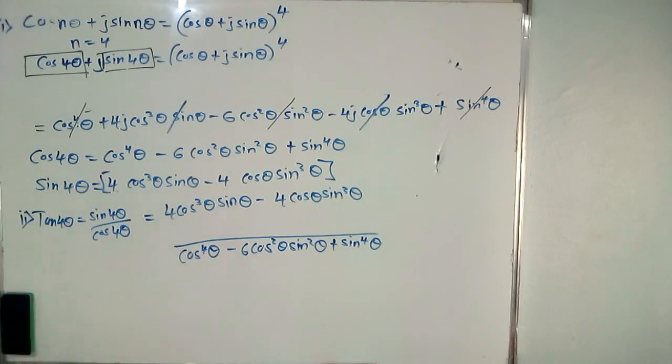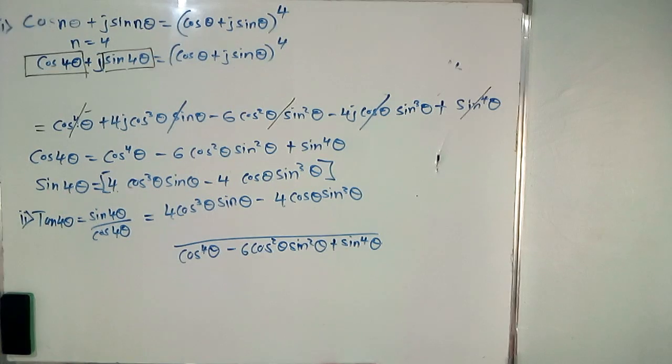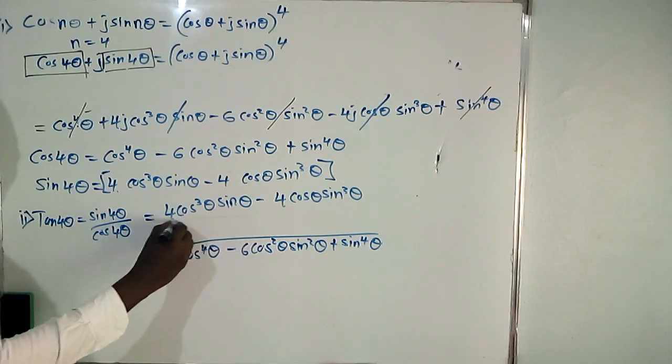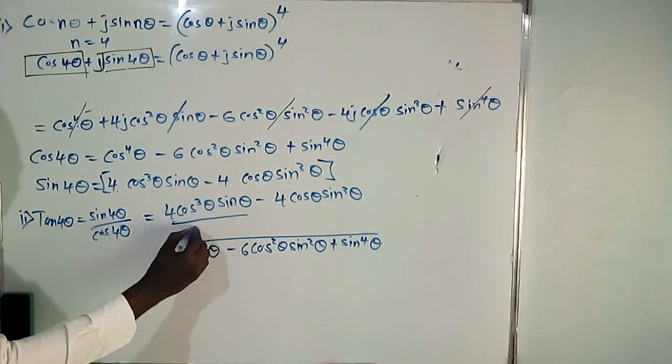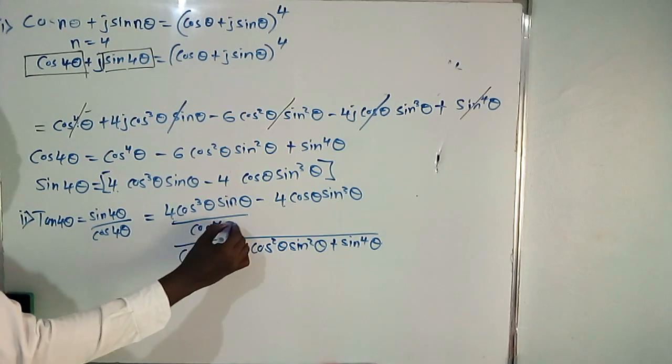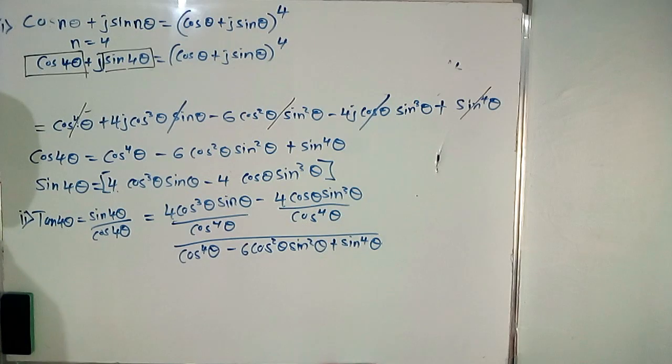If you look in this problem, the highest power of cos theta is 4. So we divide all through, both numerator and denominator, by cos raised to power 4 theta.